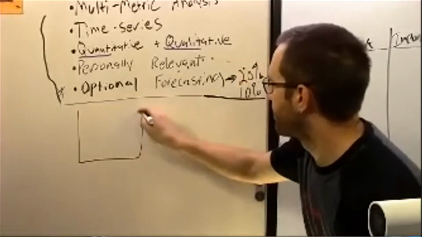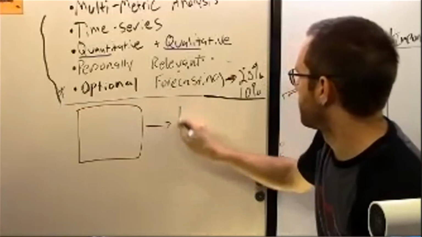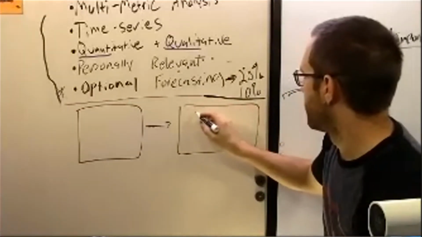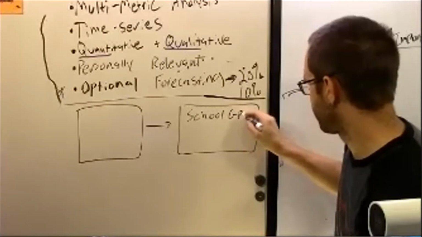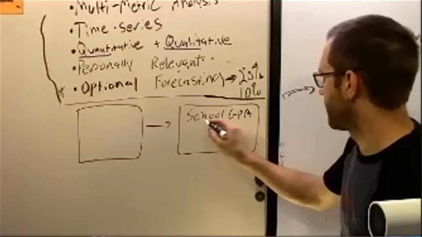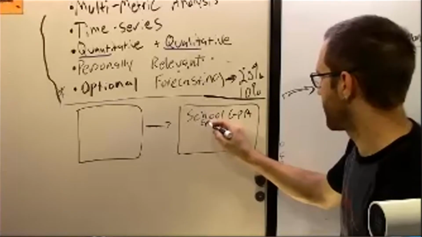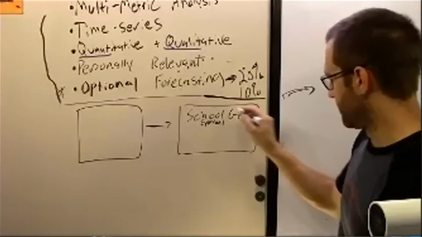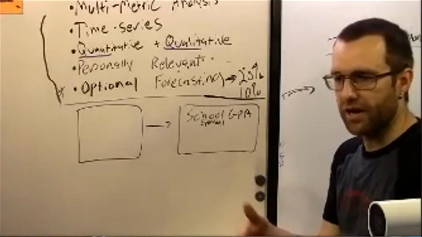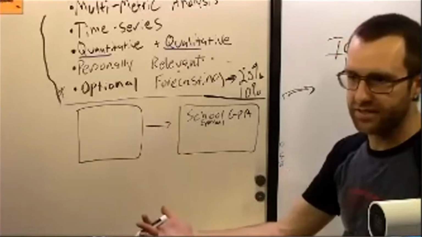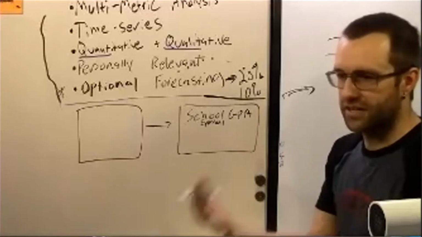If we take Eric's example, school GPA, I would call this some sort of an external value, meaning the GPA you get is partially a response to what you do and partially a response to how what you do interacts with this big system of courses and deadlines and stuff.